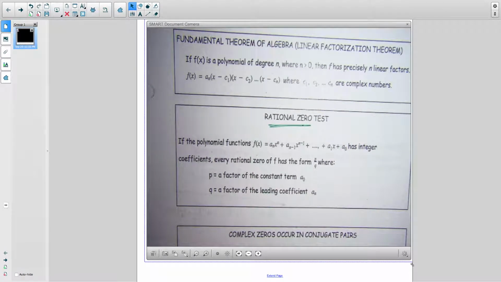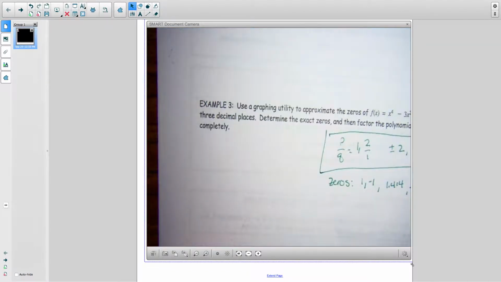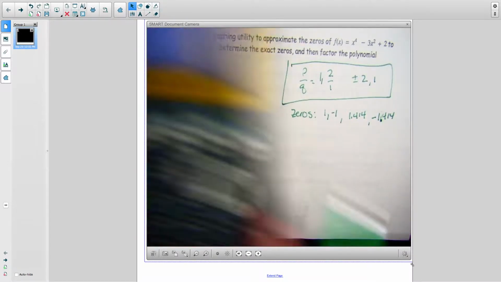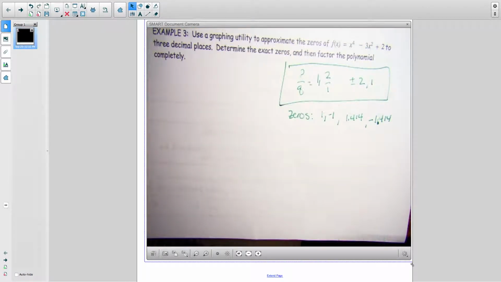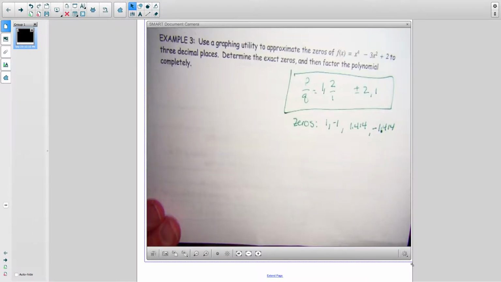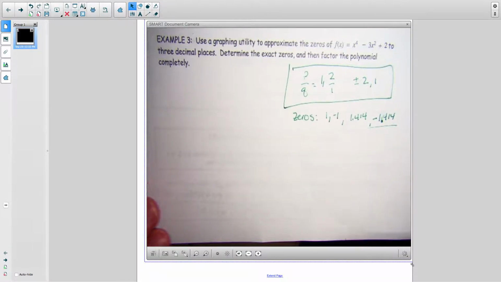That's not necessarily going to give us all our zeros. You can tell by looking, it's 1.414214. So those are not rationals. So now it says determine the exact zeros. These aren't exact. How can I figure out how to factor this some more?